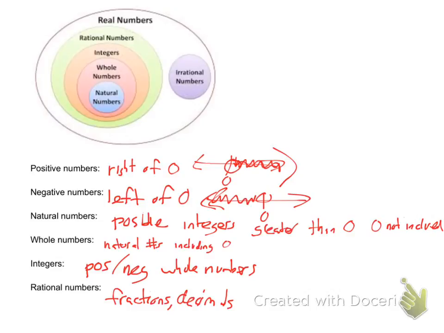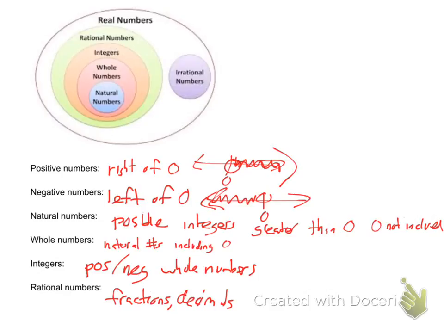That's a repeating decimal. Or you have to have a terminating decimal like 2.5. So 0.5, it stops. We can write those as fractions. So rational numbers all can be written as a fraction in some way, shape, or form.